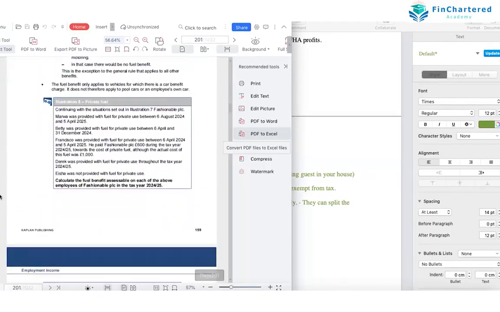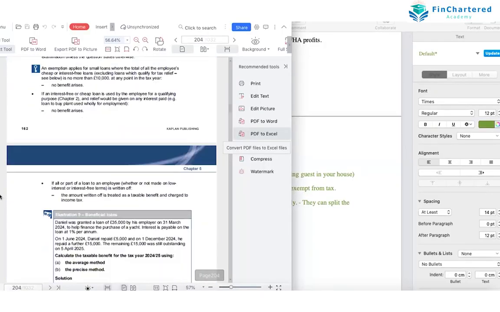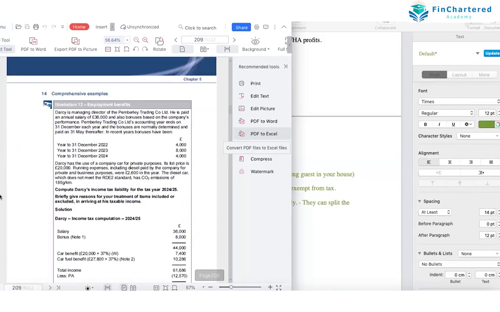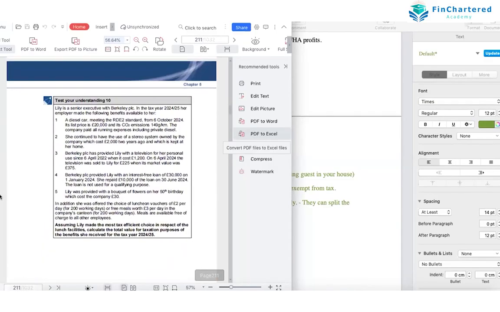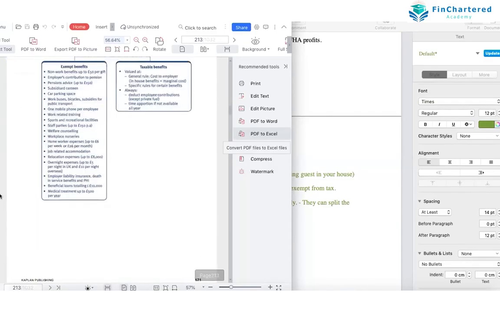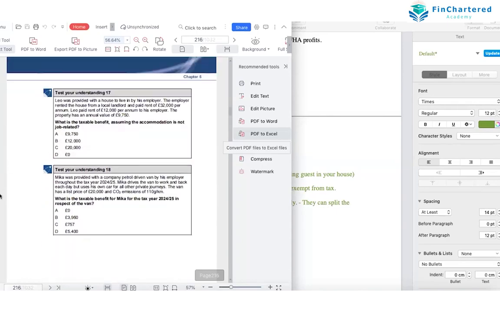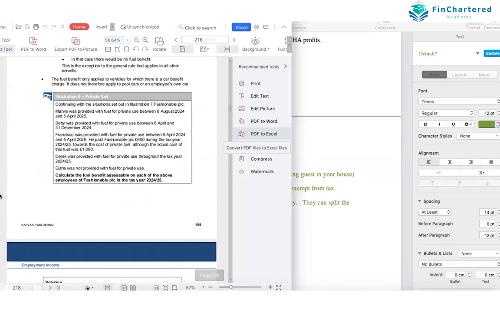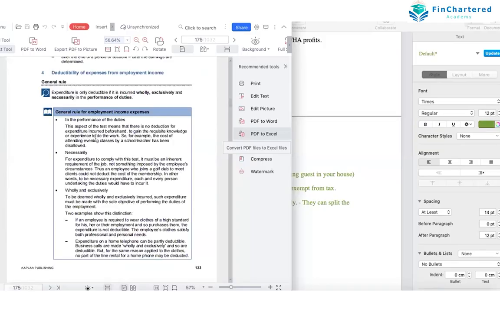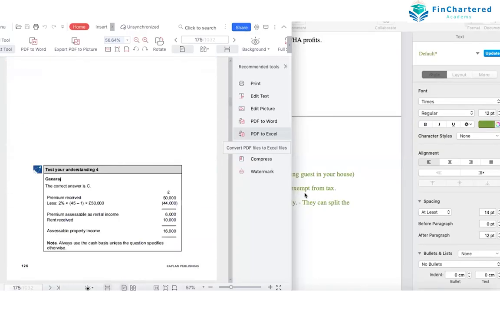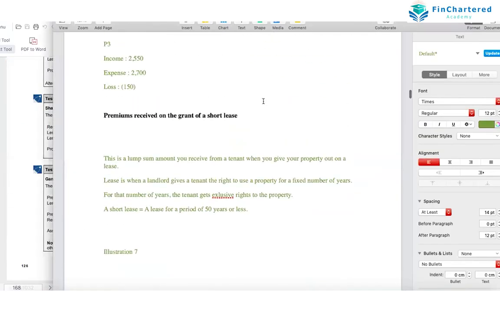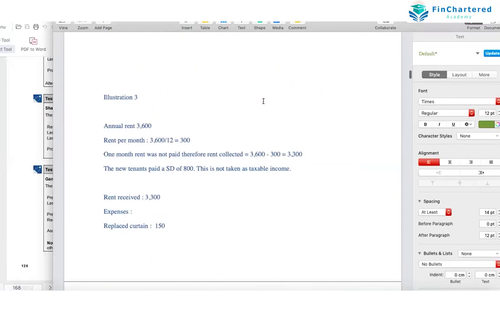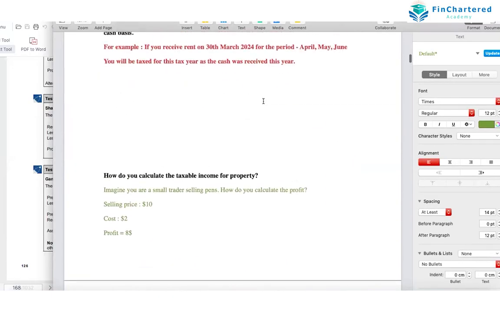And remember, employment income is a fairly large chapter. But I will try my best to complete it tomorrow, because we need to finish the syllabus on time. However, for today, these are the topics that were covered.